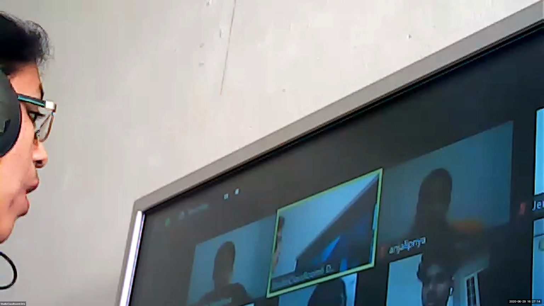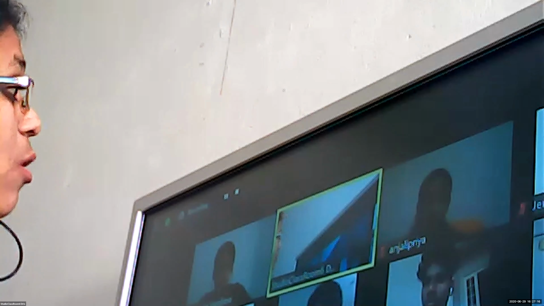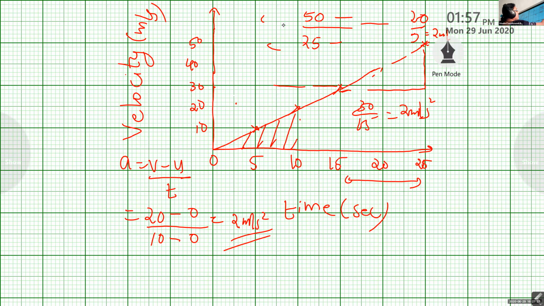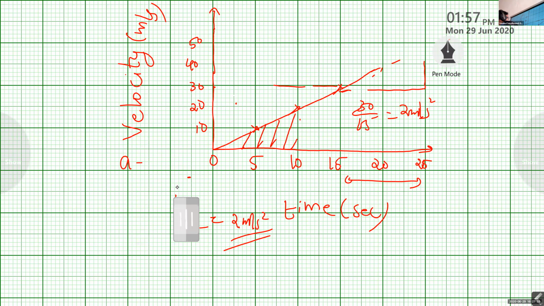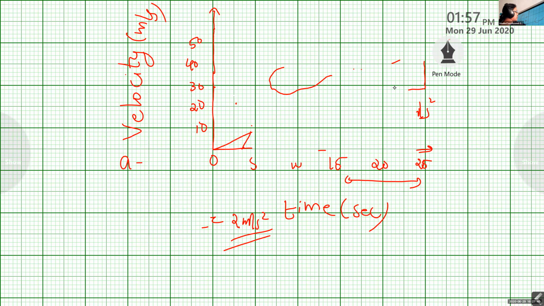Okay. Now, the last question. How do we find the displacement from this? It's a velocity-time graph. I am going to rub out what we have found, and I will be drawing the graph again because it is becoming messy.